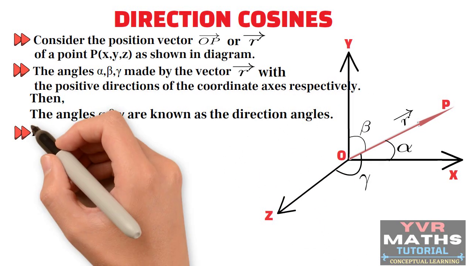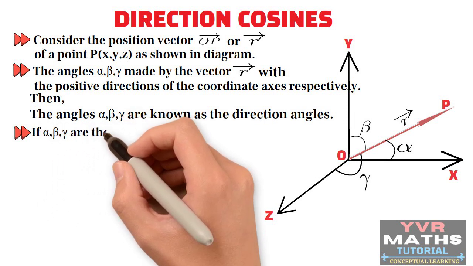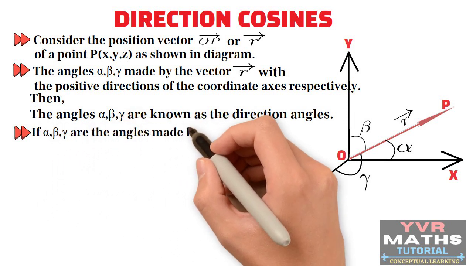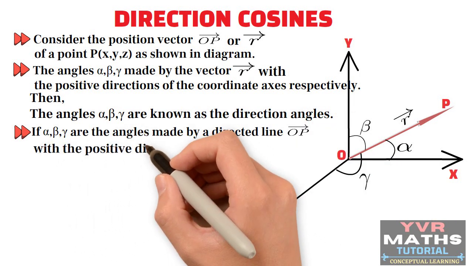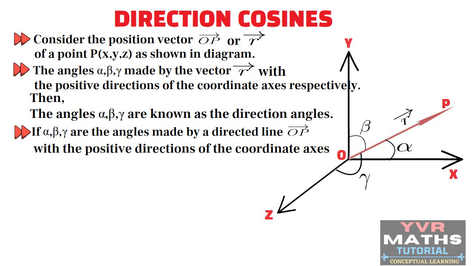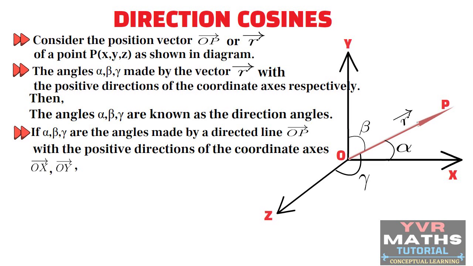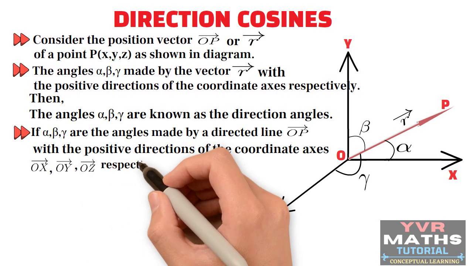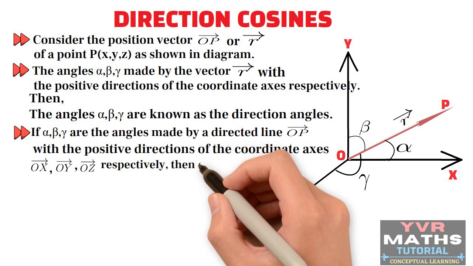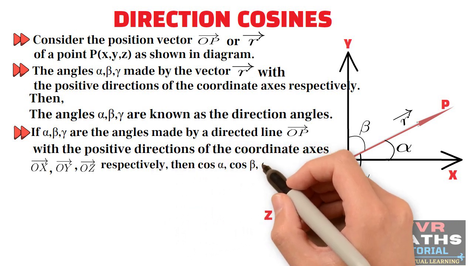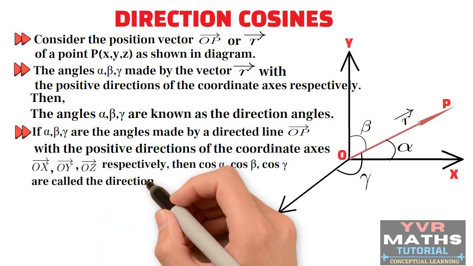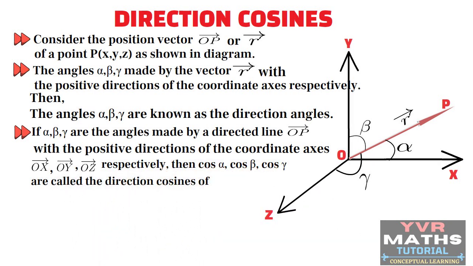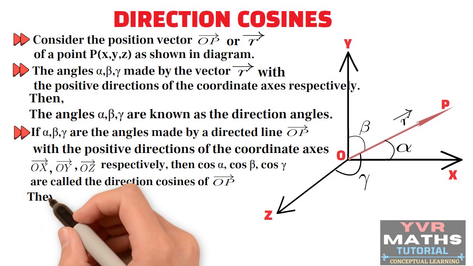If alpha, beta, gamma are the angles made by a directed line OP with the positive directions of the coordinate axes OX, OY, OZ respectively, then cos alpha, cos beta, cos gamma are called the direction cosines of OP bar.